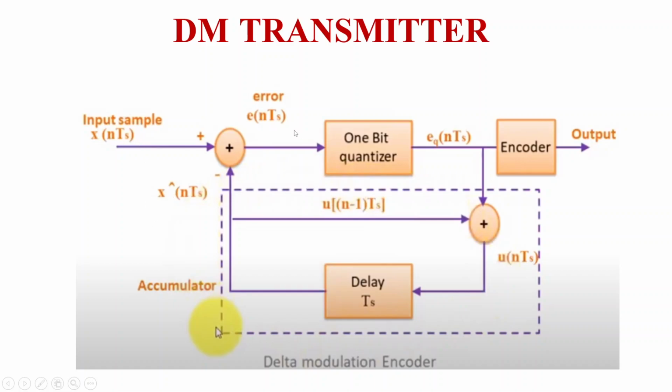Based on the e of nTs value, the 1-bit quantizer produces the quantized signal, and based on it the encoder generates bit 1 when the input sample is less than the approximated value, and bit 0 when the input sample is greater than the approximated value. So this is the transmitter of delta modulation.